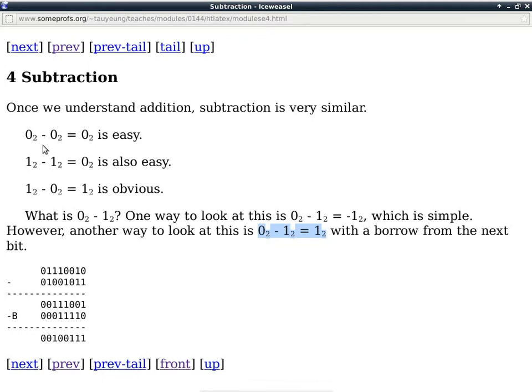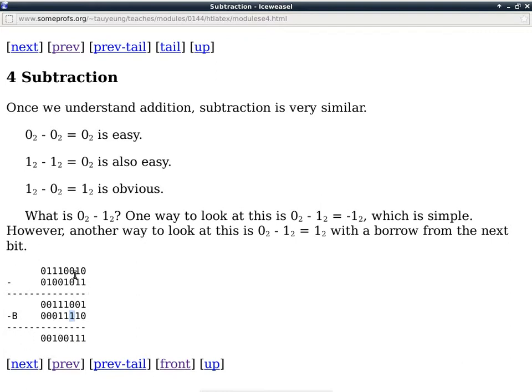So in this case, if I apply all this stuff here, then the least significant digit becomes 0 minus 1 is 1 with a borrow. And then we have 1 minus 0 being a 1. Moving on to the next digit, we have 1 minus 1, which is 0. It doesn't generate a borrow yet. 0 minus 1 is a 1 with a borrow.